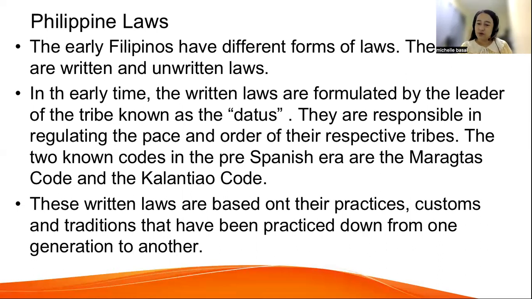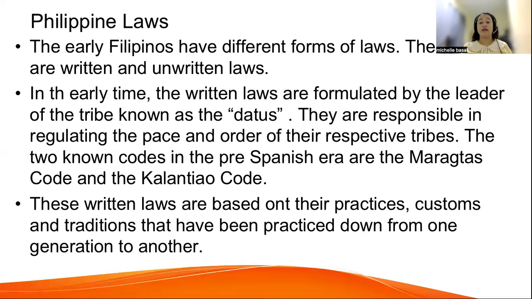So our civil code, our criminal law, our labor code are borrowed from the codes of other countries. Some of the laws that we had before are still applicable today, but not all. So now it's already a mixture of everything.